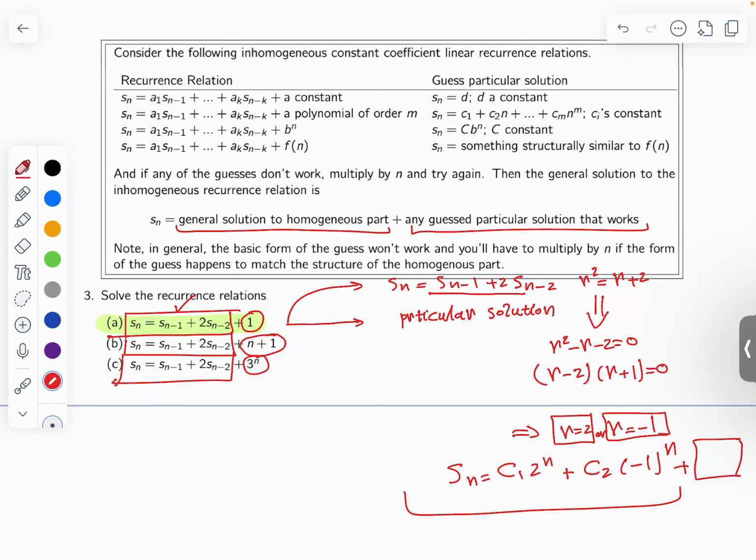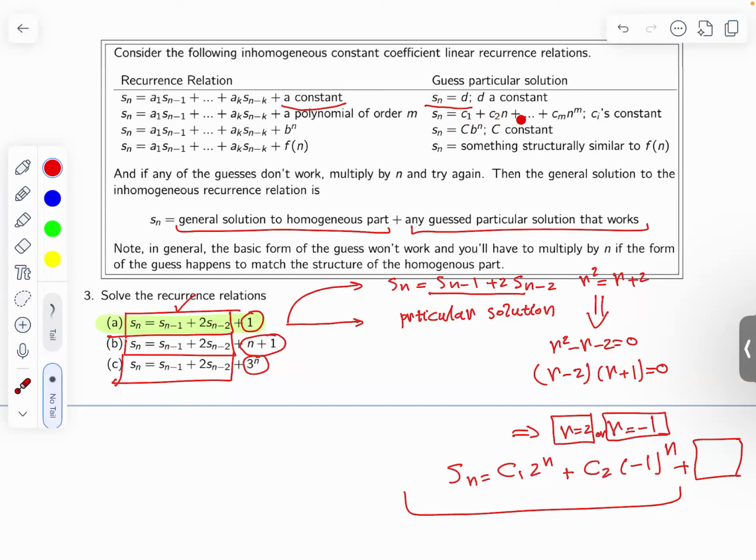So if it is constant, the particular solution will be of this type. If it's a polynomial, like n plus 1, it will be like C1 plus C2 n. If it's n squared, n power 3, we go up to the n power of that number. So here it is n power 1, so we will write C1 plus C2 n power 1.